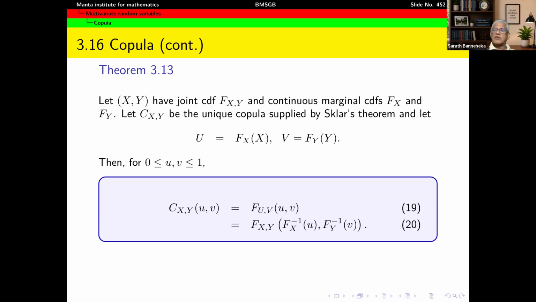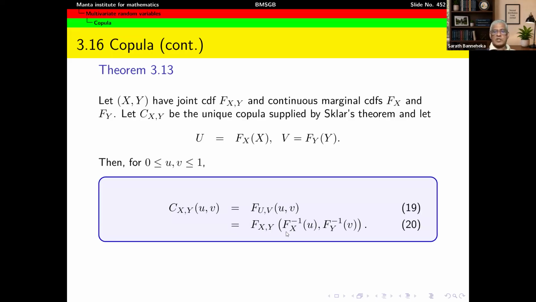Then we can show that this unique copula given by Sklar's theorem has this form here. So C_XY(u, v) will be actually the joint cumulative distribution function of this U and this V, evaluated at this simple u and simple v.